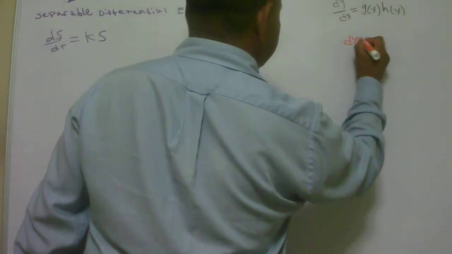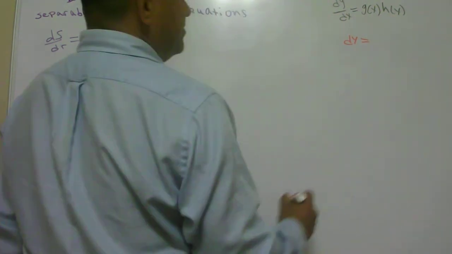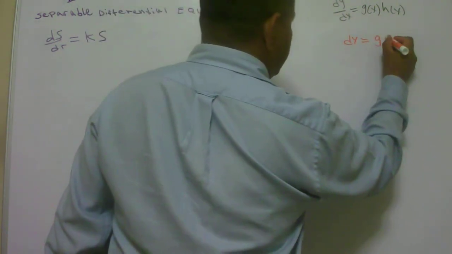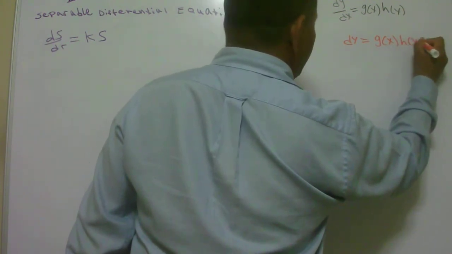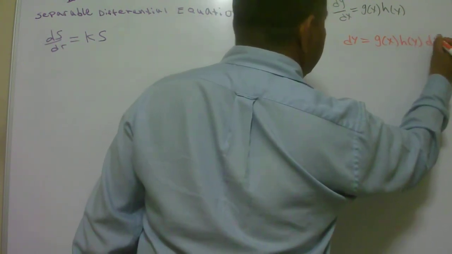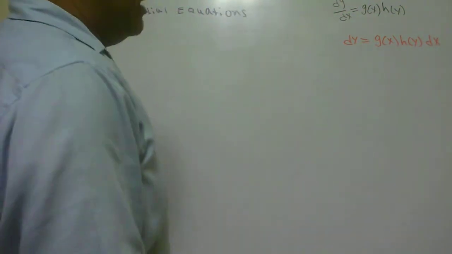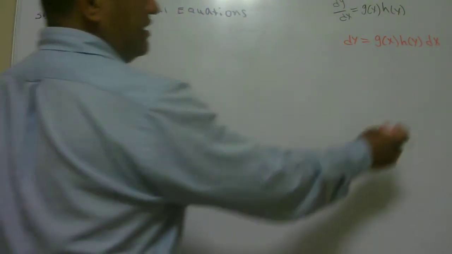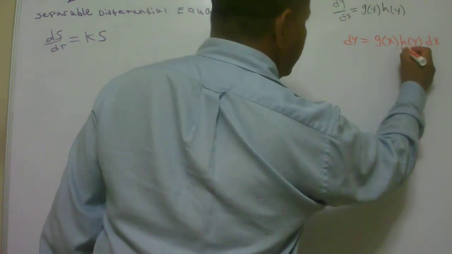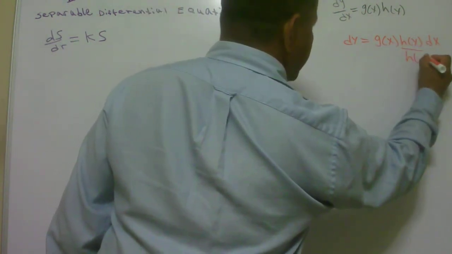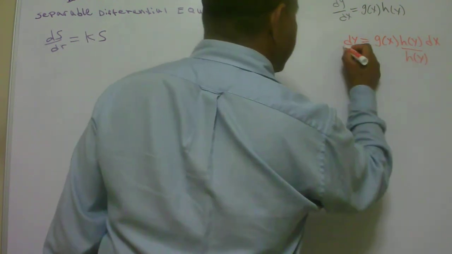I get dy equal to g of x times h of y dx. Now I'm going to divide both sides by h of y.